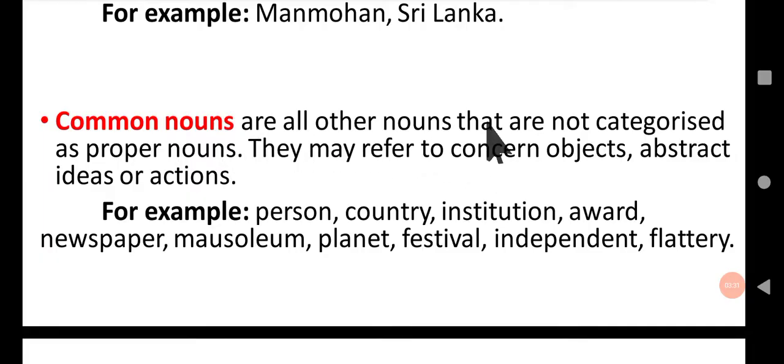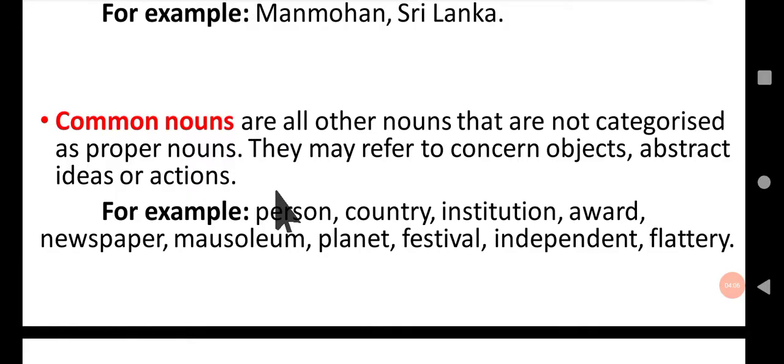From the title itself you can understand that a common noun is the noun which can be referred to multiple people. They are not categorized as proper nouns. They may refer to concrete subjects, abstract ideas, or actions. For example, let us say there are boys in the class: Ramesh, Suresh, Raju. When I directly call them by their names, those names become proper nouns, that means particular nouns. But I can also call them with one single noun, that is a common noun.